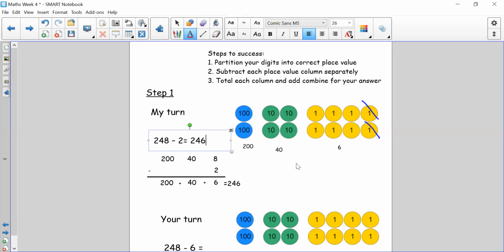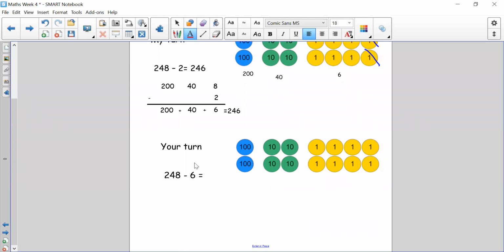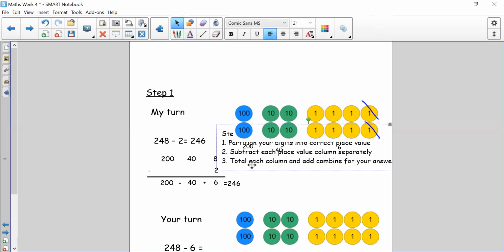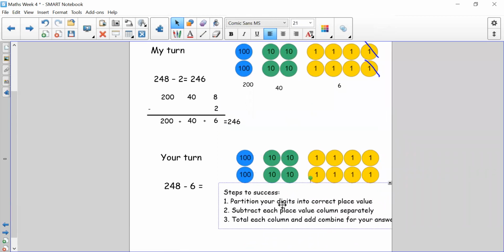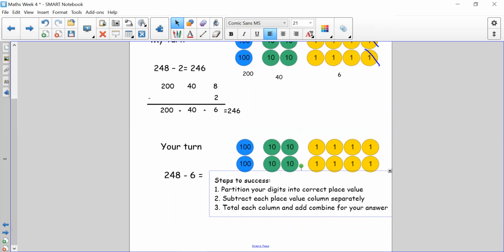Okay, so I'm going to leave the counters on there for you to have a look at, and you are going to have a go at doing this next one. Your number sentence to try for me, please, is 248 take away 6. Now I'm going to move down these 3 steps for you so you can see what you need to do. Okay, so you need to make sure you are following your steps systematically.